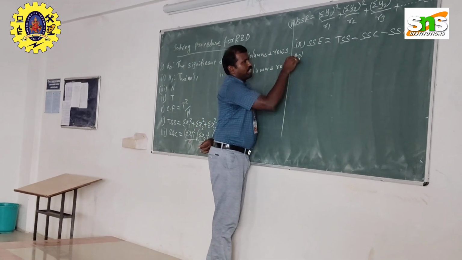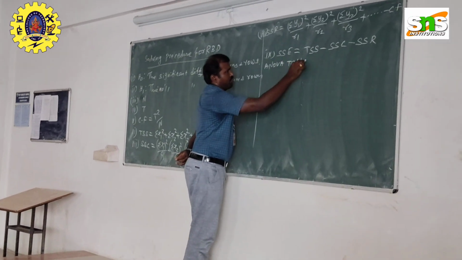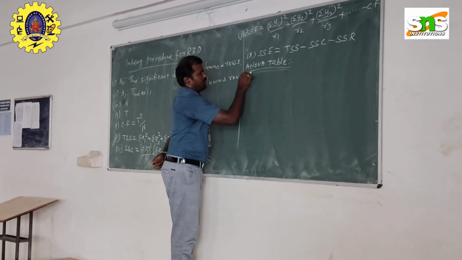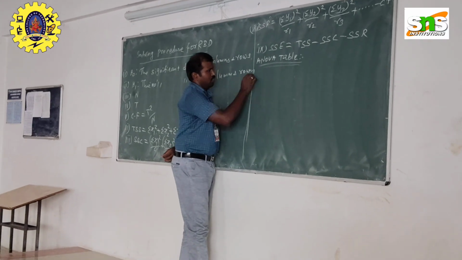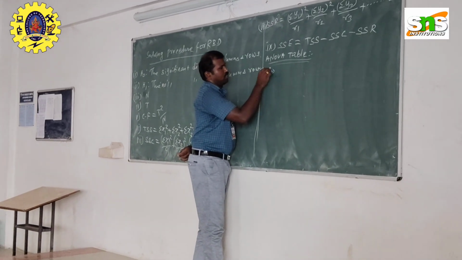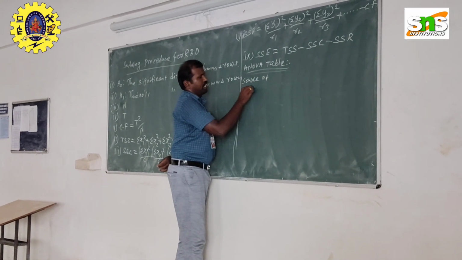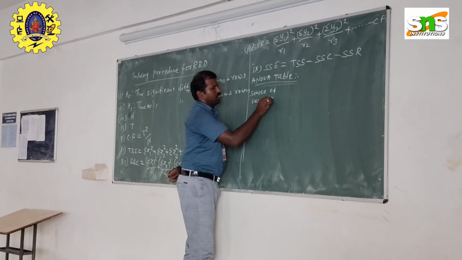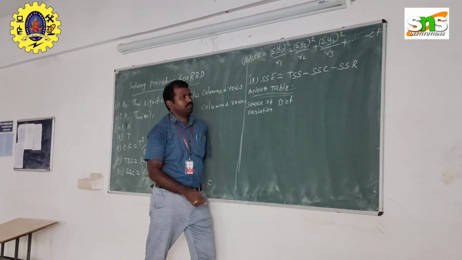Finally, go to the ANOVA table. First one, source of variation. Second one, degrees of freedom.